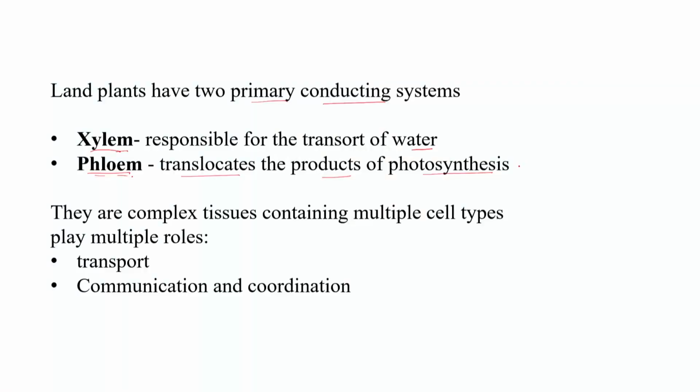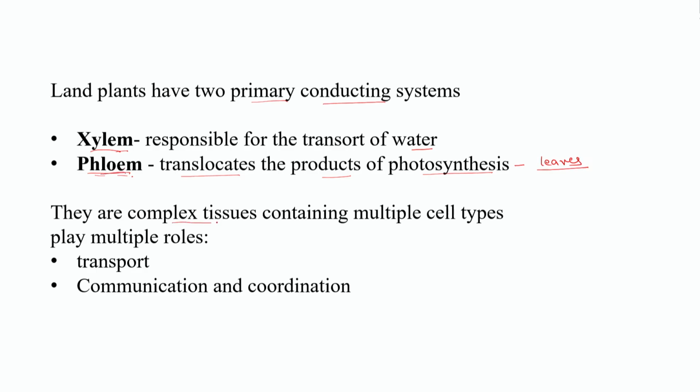They are performing a lot of metabolic activity, so they require food, but they are not all manufacturing it. Manufacturing of food is done by leaves as well as green stems, and from there this food is translocated with the help of phloem.